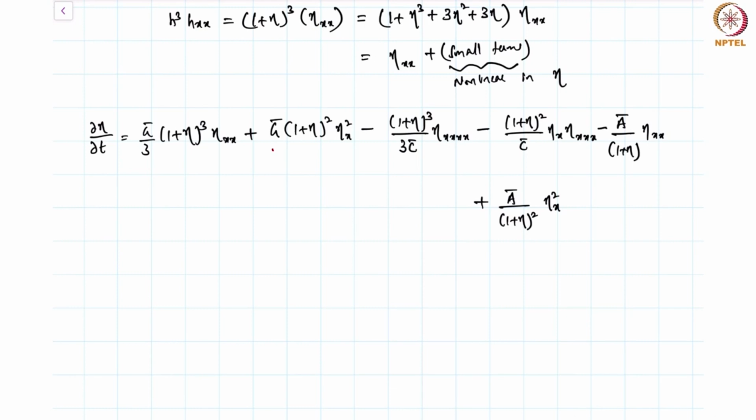So for example, the second term is nonlinear. The fourth term is nonlinear. And the sixth term is nonlinear. All these are nonlinear in eta, and hence, these are small.